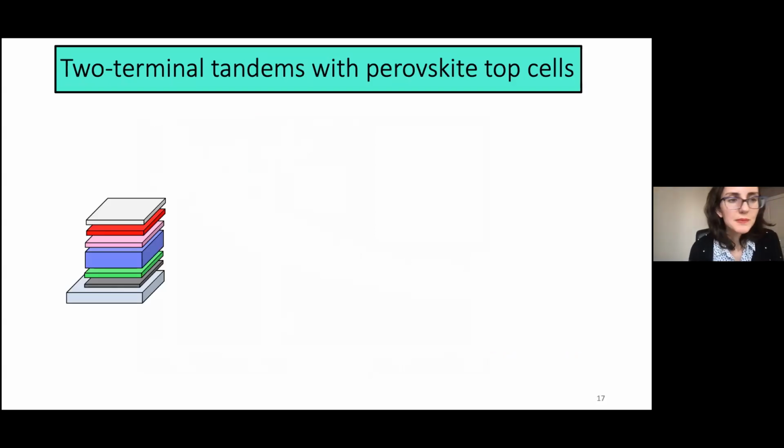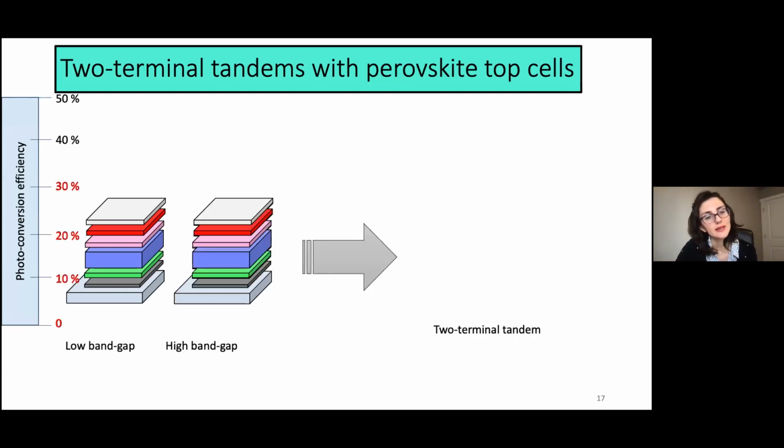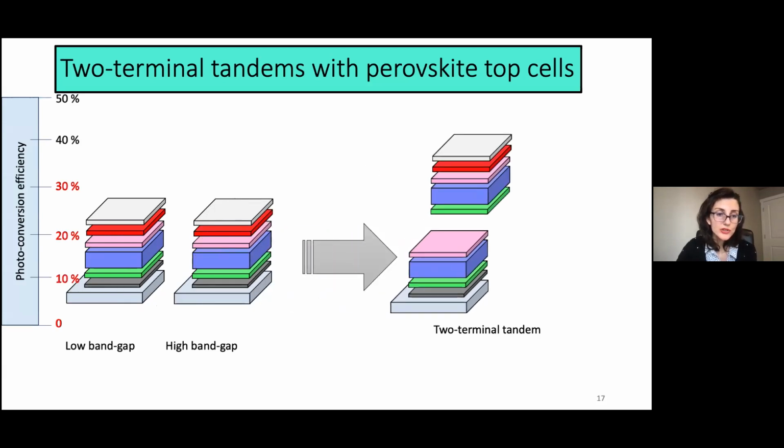Okay, so what happens with two terminal tandems that have perovskite on top? Here is one PV cell having around 30% efficiency limit. Then you bring low band gap and high band gap PV technologies and merge them.